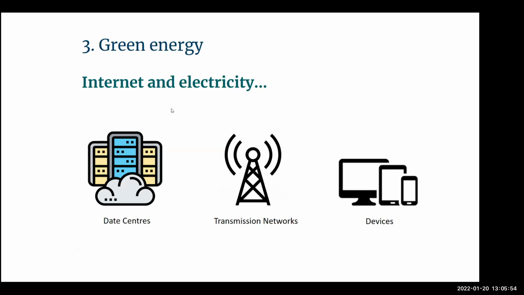So this is the third area, green energy. We're getting closer to the end of the presentation, so we'll very quickly look at the internet and electricity. The internet is made up of all these devices and interconnected networks.